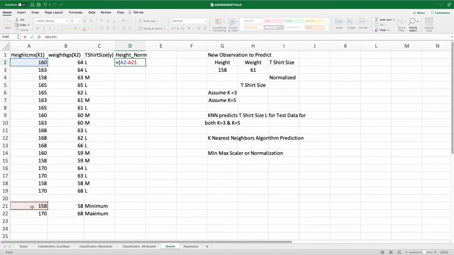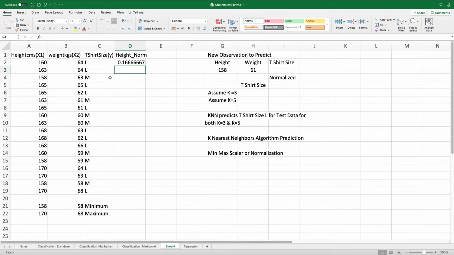X min has to be fixed by pressing F4, divided by open bracket x max, x max is again to be fixed by pressing F4, minus x min, again fix it by pressing F4.